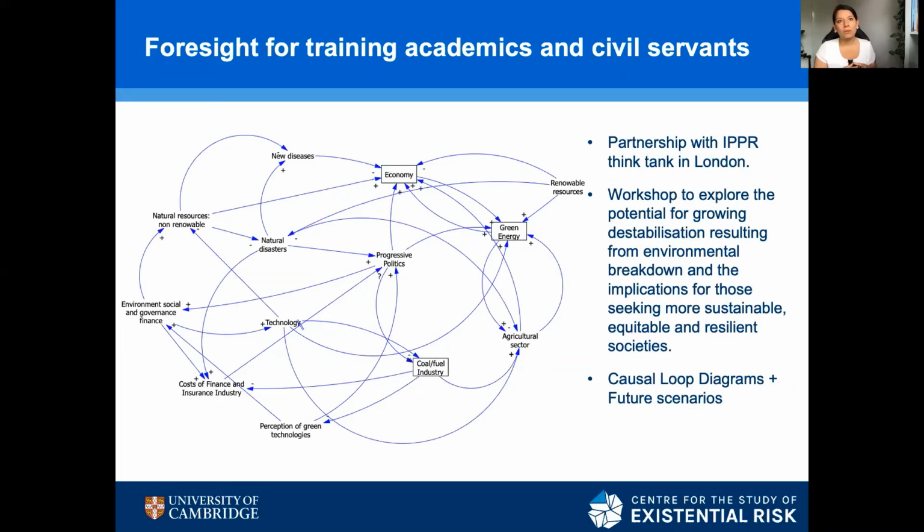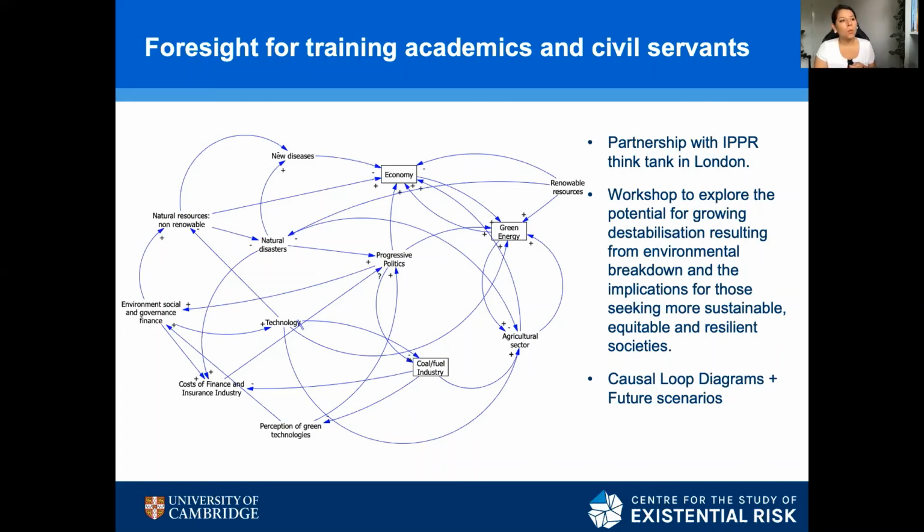And then we projected what is happening. In one case, green energy was well established. In another case, coal and the fossil fuel industry was still prevalent. The other one was that biodiversity was almost reaching a point of complete loss.